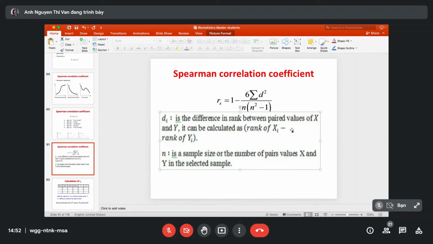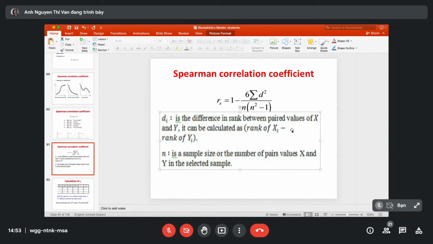In this case we also have pair values, so we apply D, that is a difference in rank. Take note that it's not the difference in values of X and Y. It is the difference in rank. If you don't pay attention to it, you may get the wrong result.